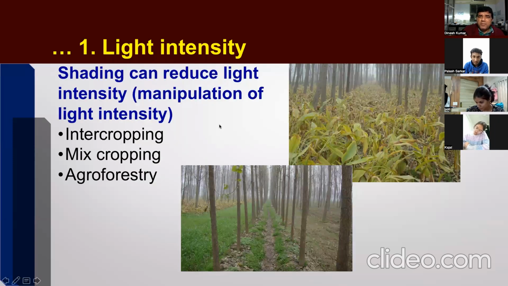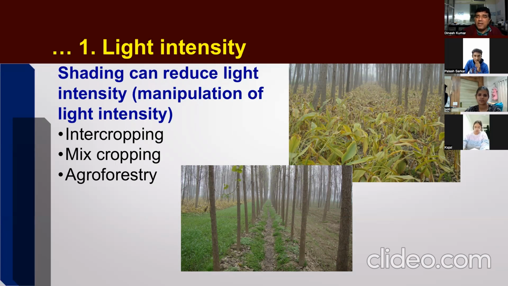Now, sometimes you can have higher light intensity and your plants are not able to tolerate it. If you want to grow turmeric under a tropical or subtropical environment, then you need to grow it under shade, under reduced light intensity. Many times turmeric is grown under agroforestry systems so that light intensity is reduced.